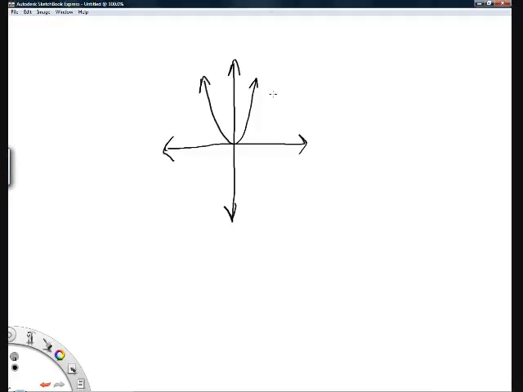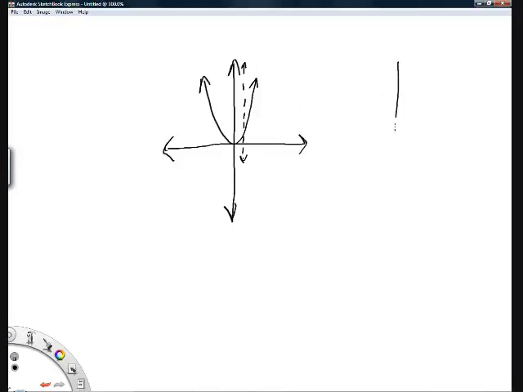Take any vertical line and go across the graph, up and down, and you're looking for every x value having exactly one y value. So I take a vertical line such as this one. See how it only goes through the graph once?